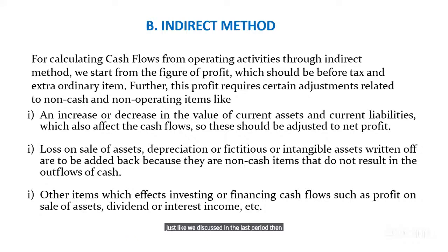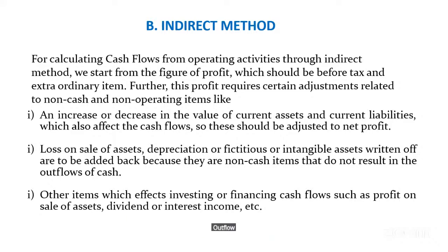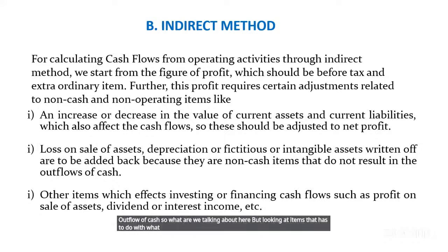Then the loss on sale of asset, depreciation, fictitious or intangible assets written off are to be added back because they are non-cash items that do not result in the outflow of cash. So what are we talking about here? We're looking at items that involve the inflow or the outflow of cash.